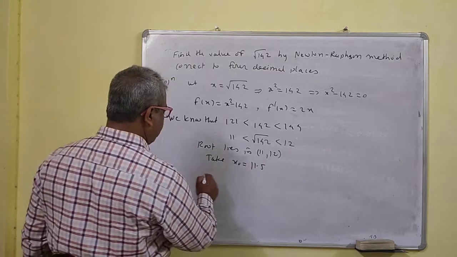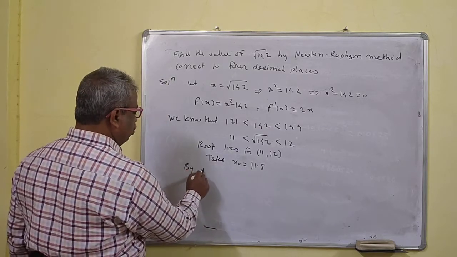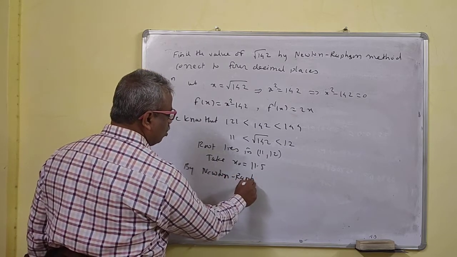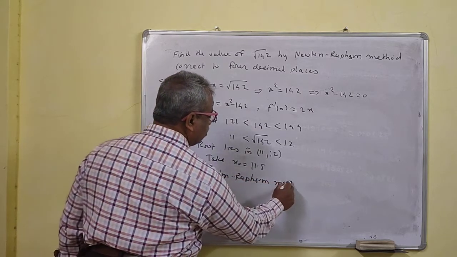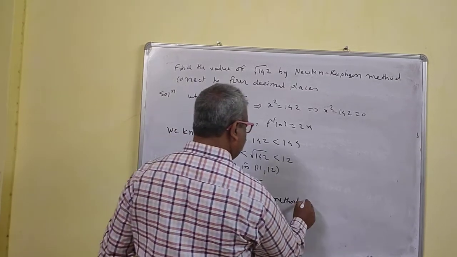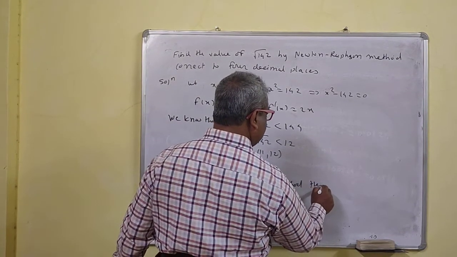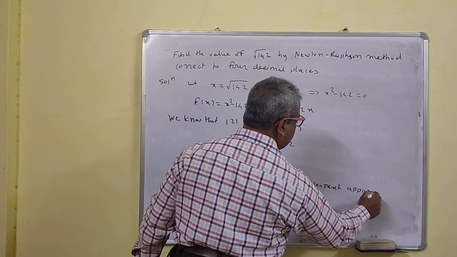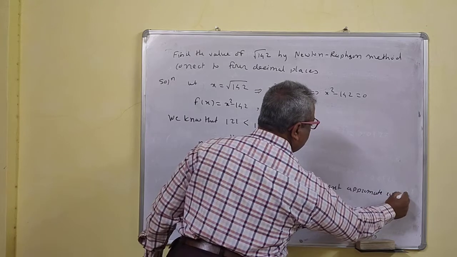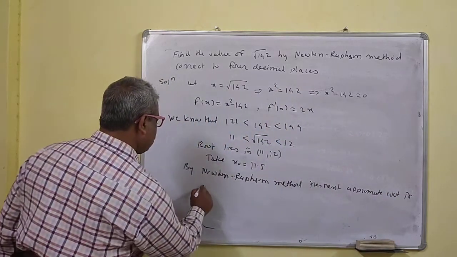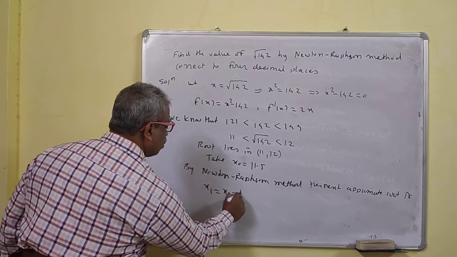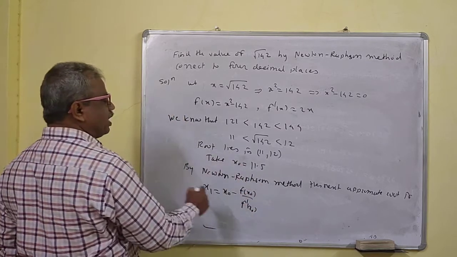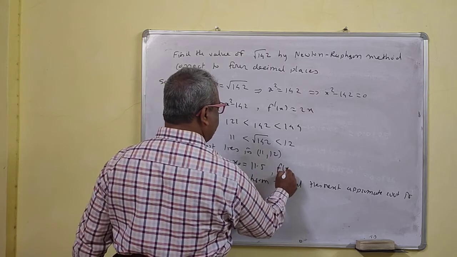Okay. So now I will apply the Newton-Raphson method. The next approximate root is x1 equal to x naught minus f of x naught upon f prime x naught. Before that, you need to find f of x naught.